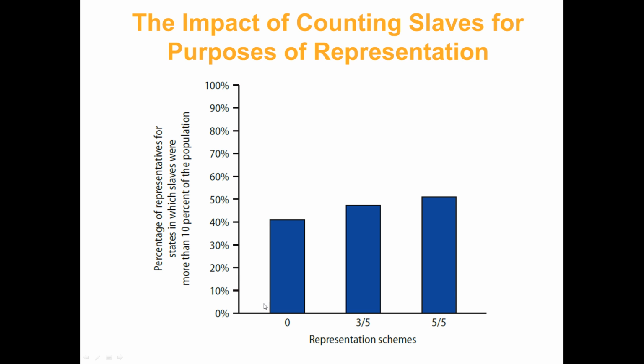Maybe not as much in absolute value, but when you're considering who has the majority, that's really what matters most in Congress: who has the majority, not as much by how much. The 3/5 compromise is basically the number that equalizes the share of representation between the slaveholding states and the non-slaveholding states.